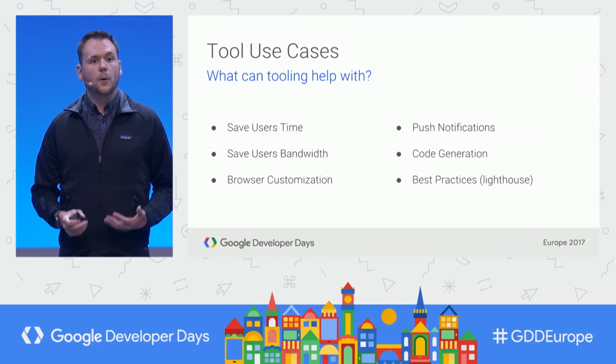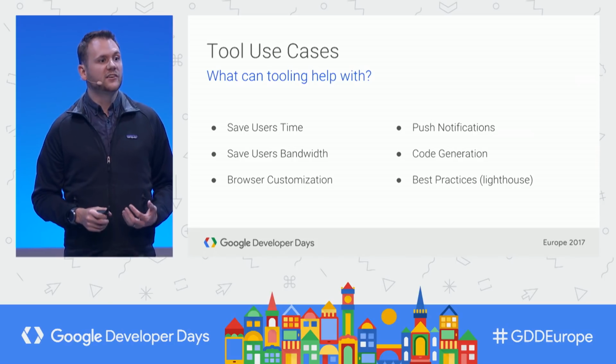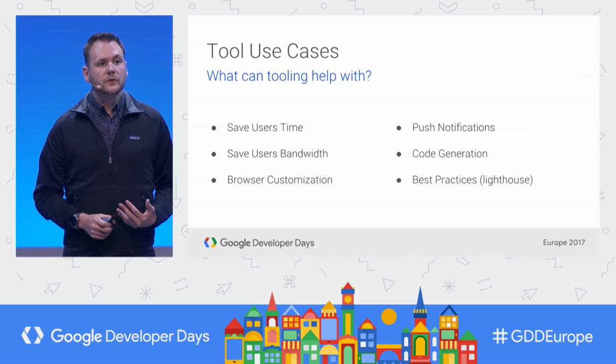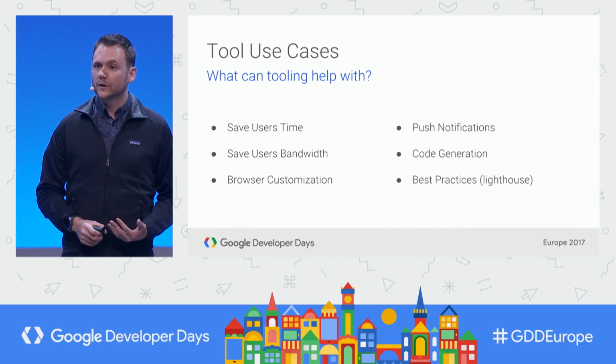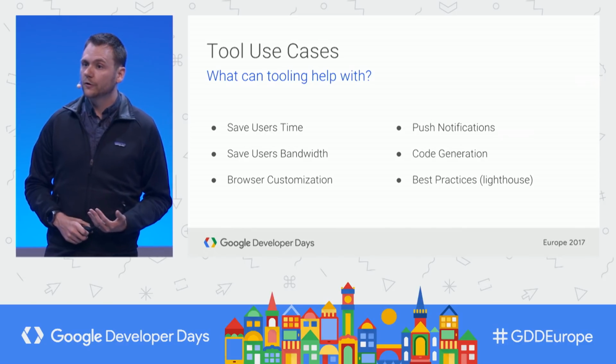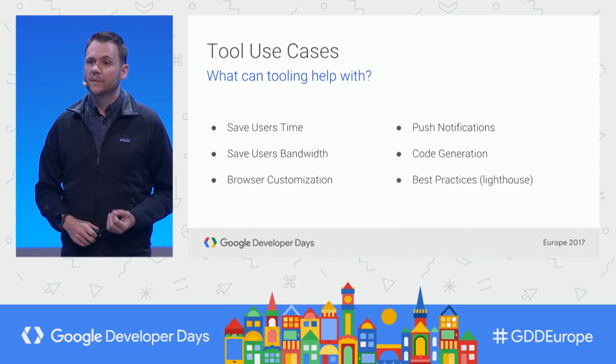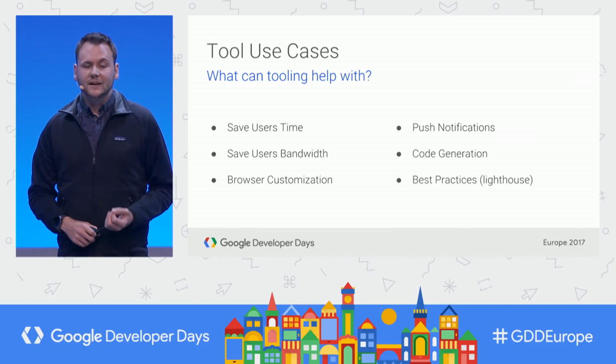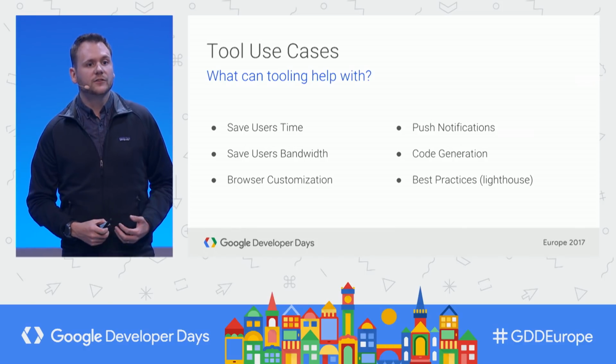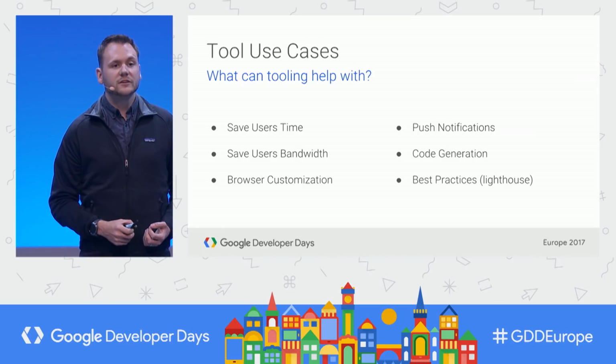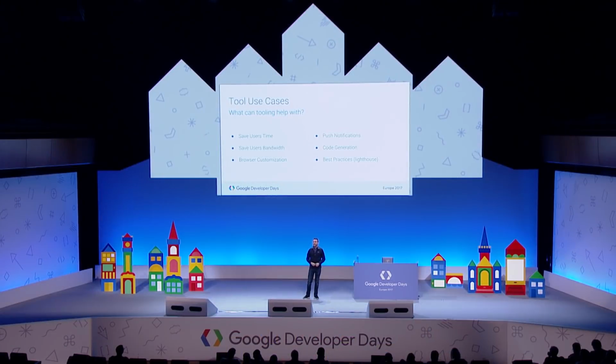As developers, a lot of the time we're writing code and maintaining code. And so using tools to generate code for PWAs can be a huge impact for our lives. And lastly, tools really focus on allowing us to take advantage of best practices by giving us a deep understanding, using tools like Lighthouse that expose from across the industry the best practices that have been collected by the Chrome team.